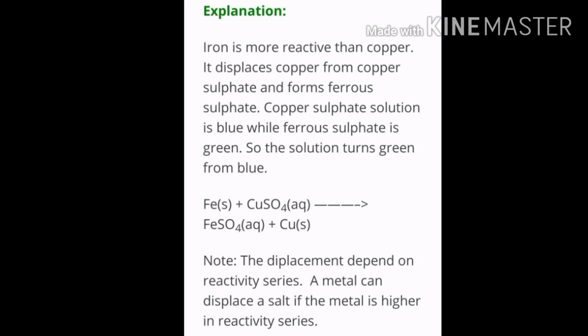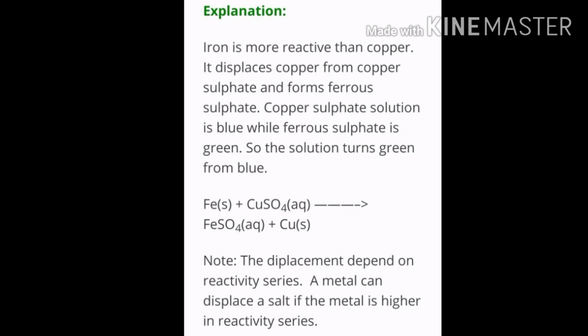This is a displacement reaction, as a more reactive metal can displace less reactive metals from their compounds in solution or molten form. We have seen in the previous section that all metals are not equally reactive.